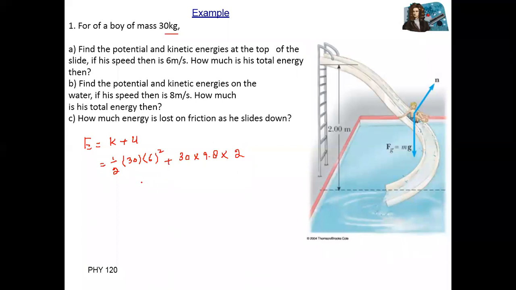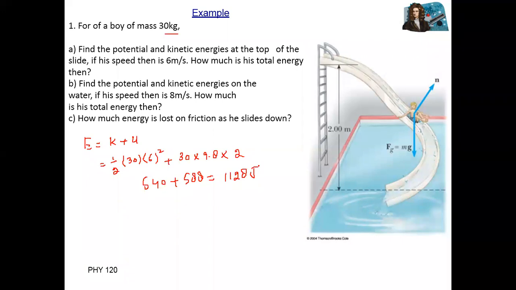Kinetic energy is 540. Plus, what about potential energy? 30 multiplied by 9.8 multiplied by 2 equal to 588. 588 plus 540 equal to 1128. Total 1128 joule.